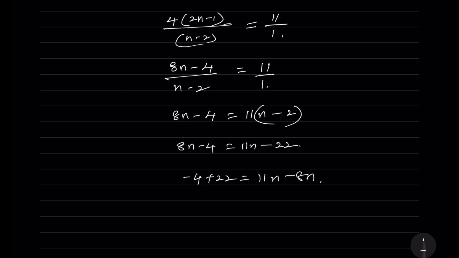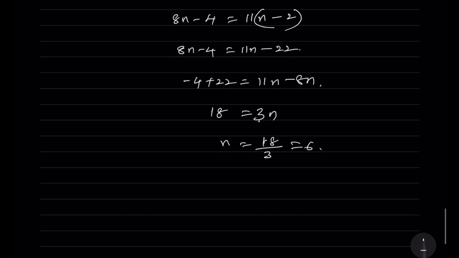So you are getting 18 is equal to 3n, so n is equal to 18 by 3, which is equal to 6. So therefore n is equal to 6 is the answer.